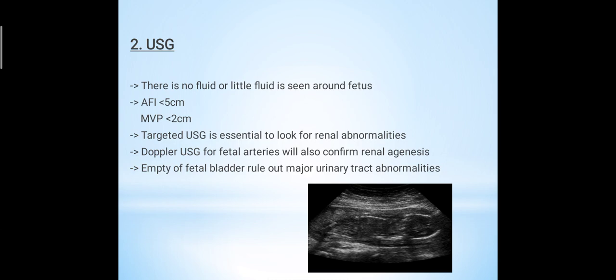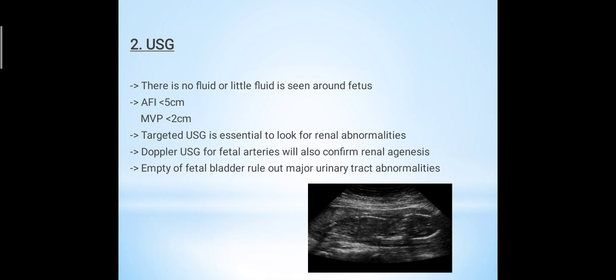A targeted USG is essential to look for renal anomalies and chromosomal abnormalities. A Doppler ultrasound for fetal arteries will also confirm renal agenesis, and an empty fetal bladder rules out major urinary tract abnormalities.